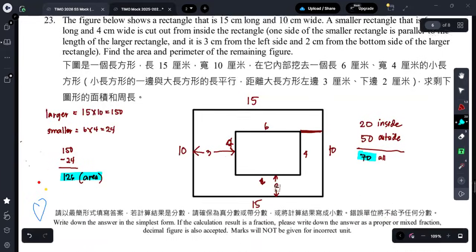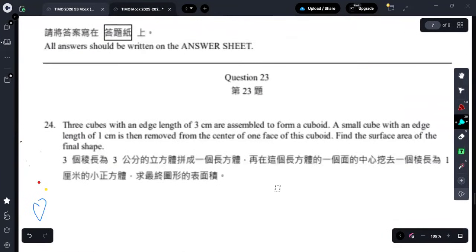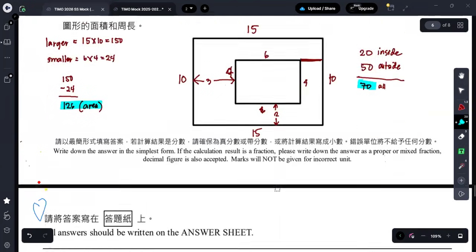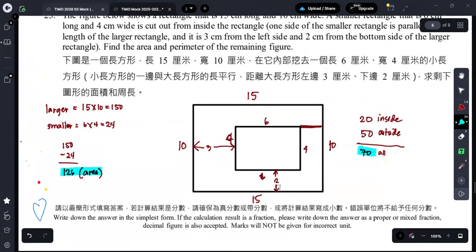Teacher, I have one question for this problem, number 23. There are 2 keys for this question.